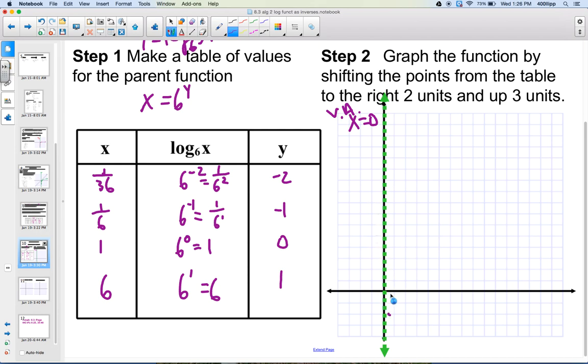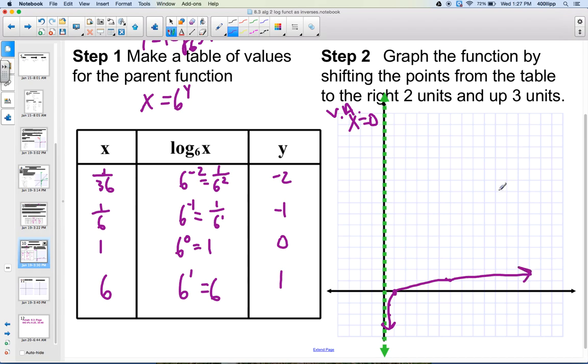I have 1 over 6, -1. I have 1, 0, and 6, 1. Okay, so now I'll sketch this in and continue my graph.